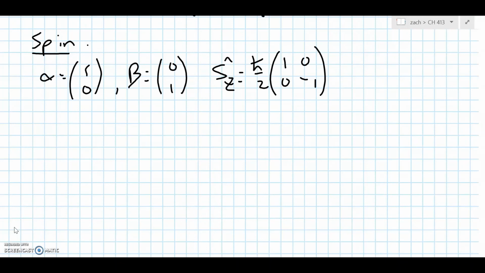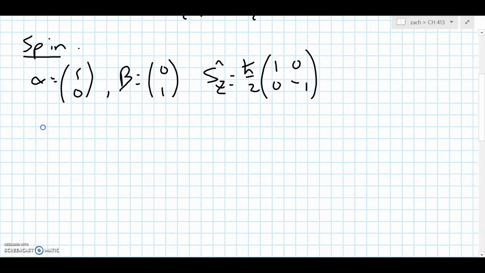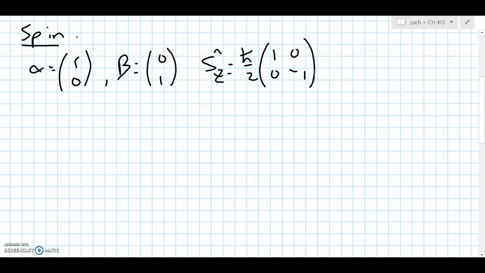Now note, this alpha and beta is completely unrelated to the alpha and beta in the last section. And for example, one of the spin matrices for SZ is h bar over 2 times the matrix 1, 0, 0, minus 1.